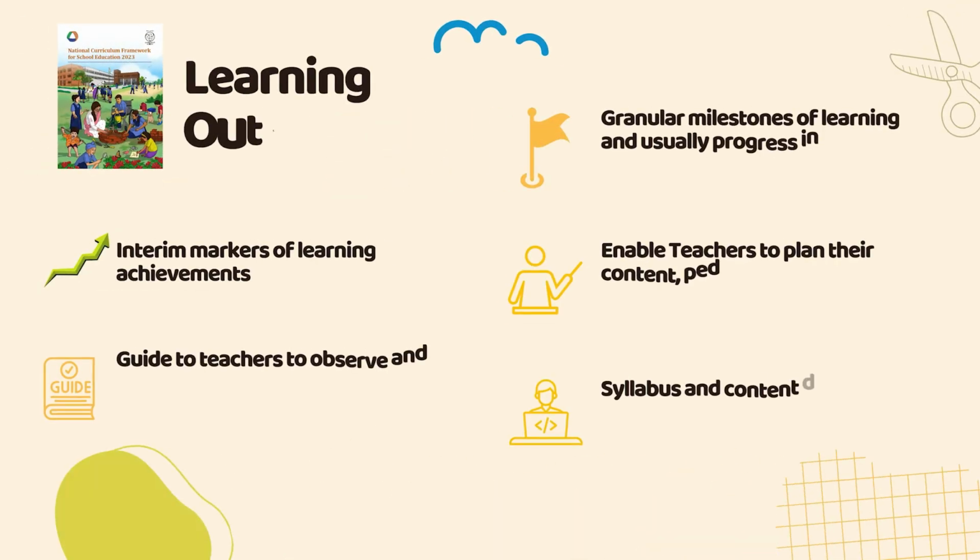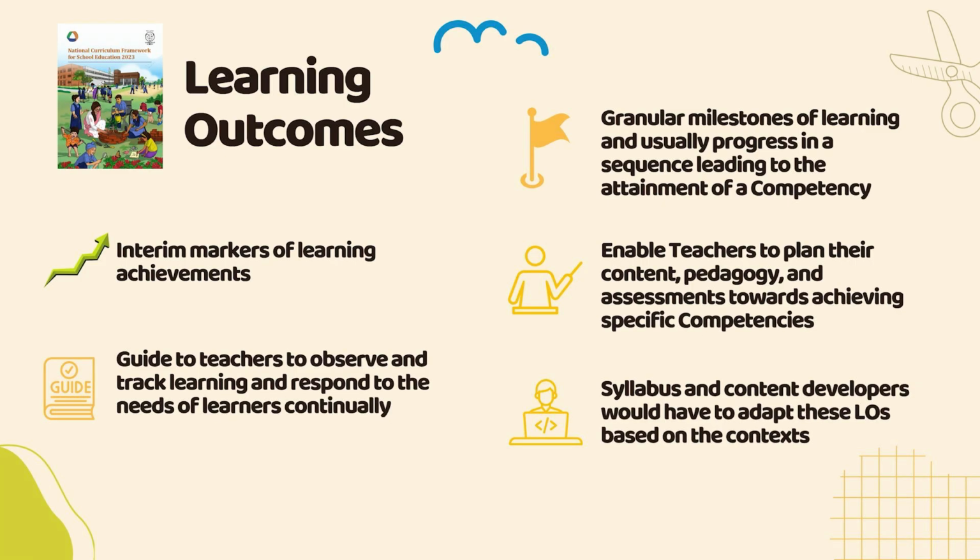competencies. As competencies are attained over a period of time, interim markers of learning achievements are needed so that teachers can observe and track learning and respond to the needs of learners continually. These interim markers are called learning outcomes.